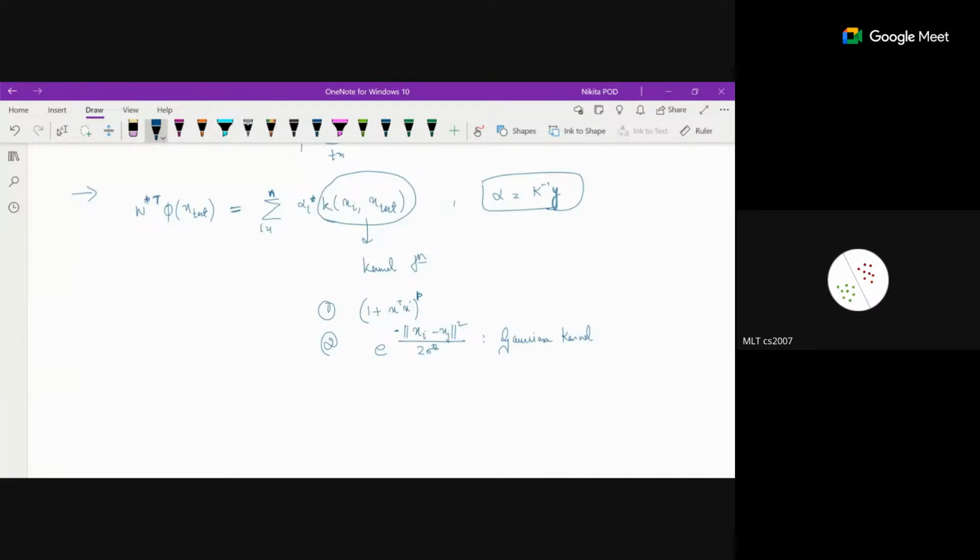Okay. So if you have to predict for any data set, this is how we could do it in kernel regression.